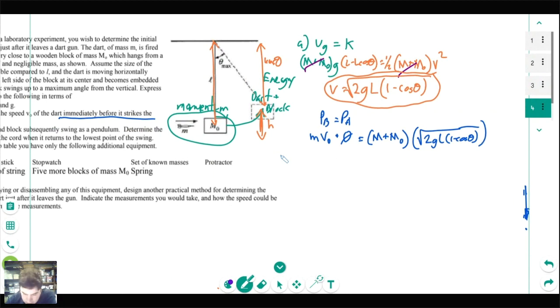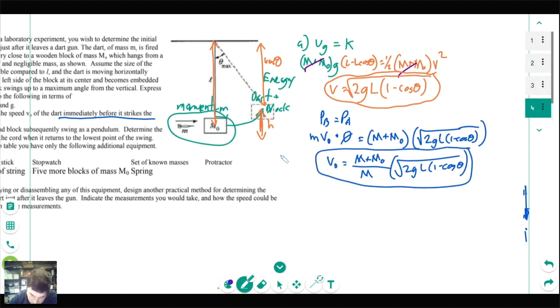Let's just divide by little m, and we're done. So the velocity of our dart is (m plus m naught) over m times the square root of 2gL(1 minus cos theta). And there's our speed of the dart before the collision.